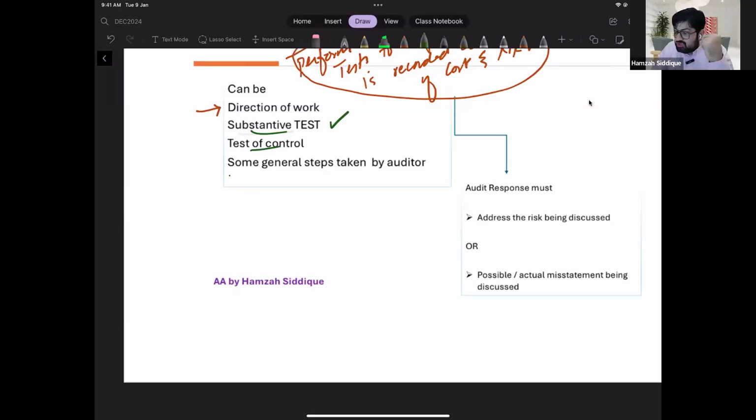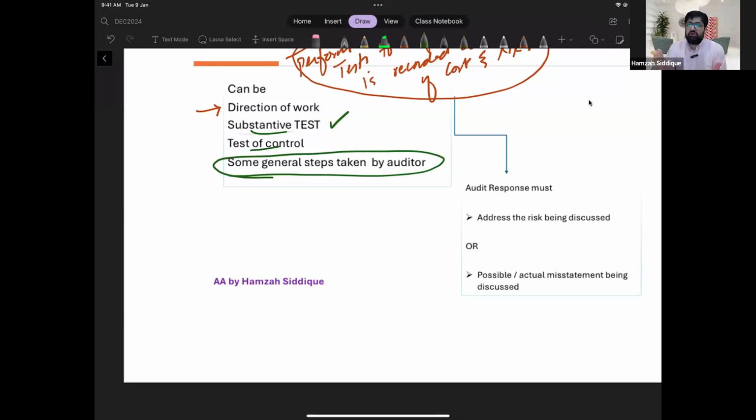Or it can be some general steps taken by the auditor, such as, what are the general steps? Increase professional skepticism during the audit, and assign the most experienced audit team.